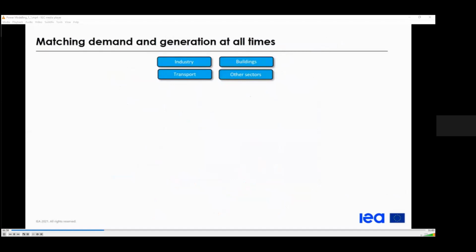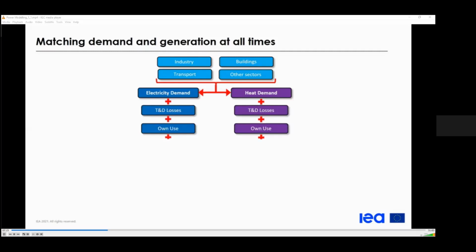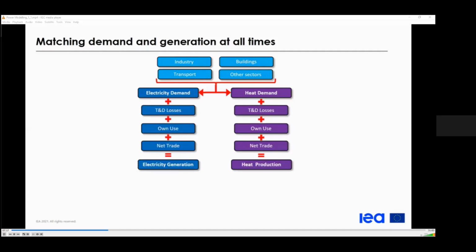So if we look at this point with a very, very simple schematic, we can see how electricity demand is different from electricity generation. In electricity generation, we account also for the grid losses, the own use of power plants, and some electricity trade that can occur between countries, between regions.